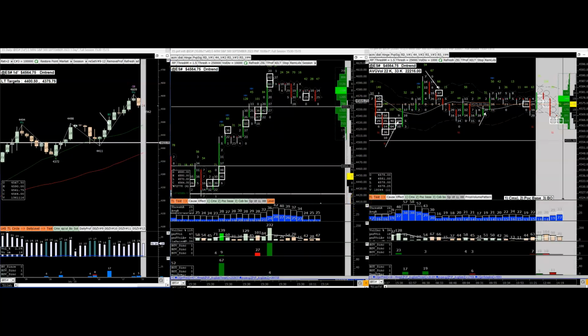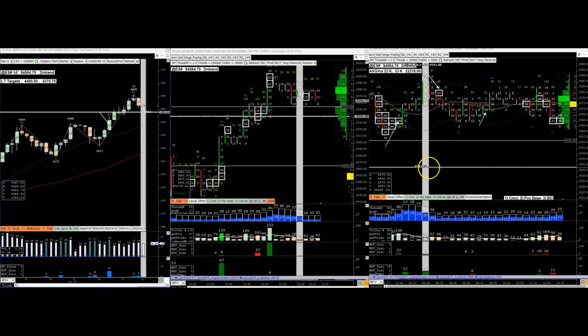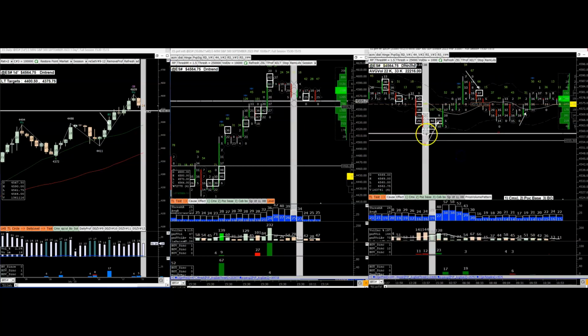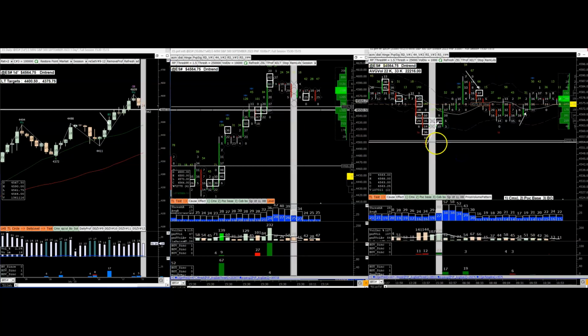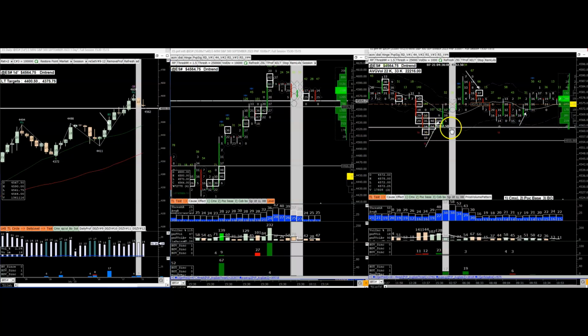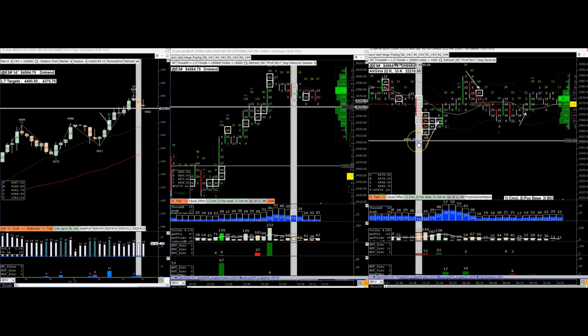However you want to, whatever your entry mechanism is, pull back to average, or profile level, or a moving average, or a risk-based entry, doesn't matter. That's the point where the entry opportunity is. I would take a look at this, right? It accumulates here on top of the level, and boom, break, right?